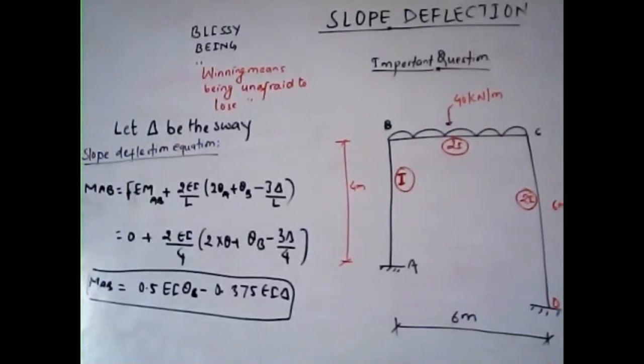So delta is the amount of sway the frame exhibits due to any horizontal loads. If you solve this, MAB will be 0.5 EI theta B minus 0.375 EI del. So this is the moment in section AB.